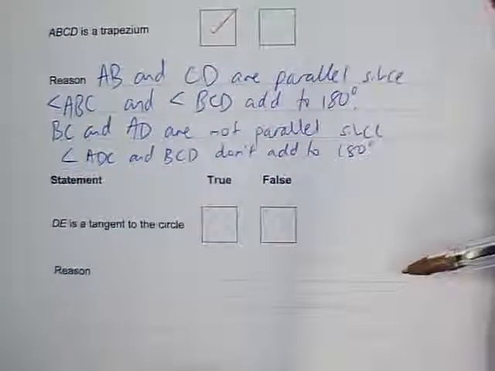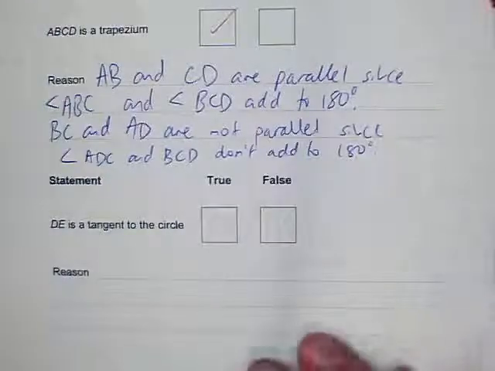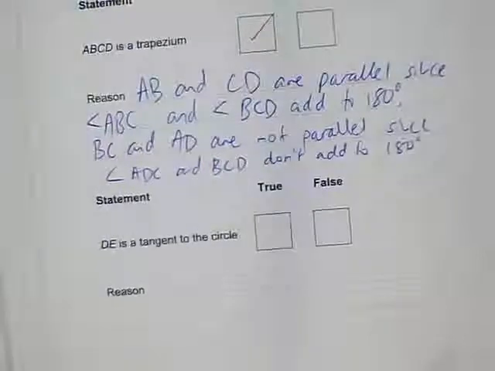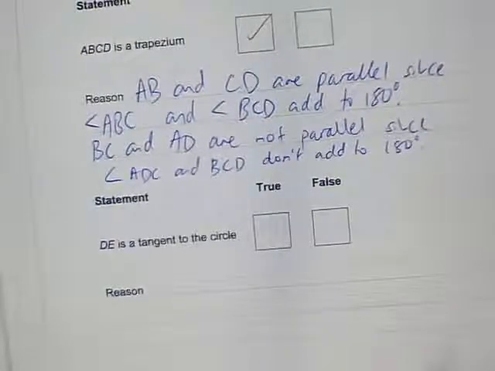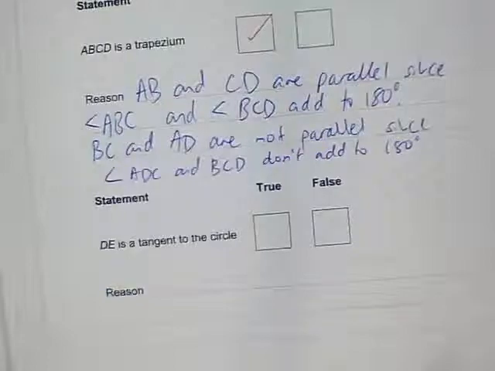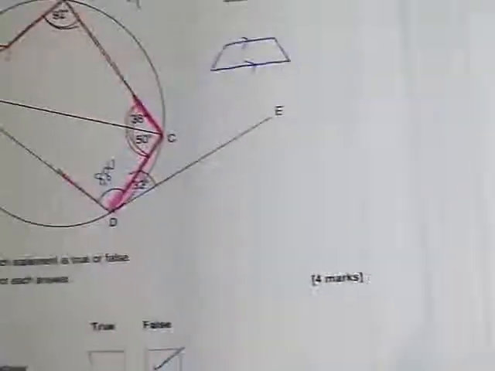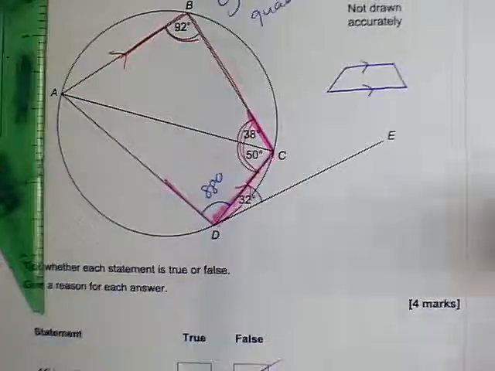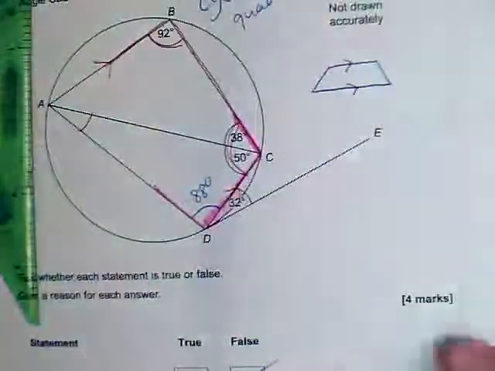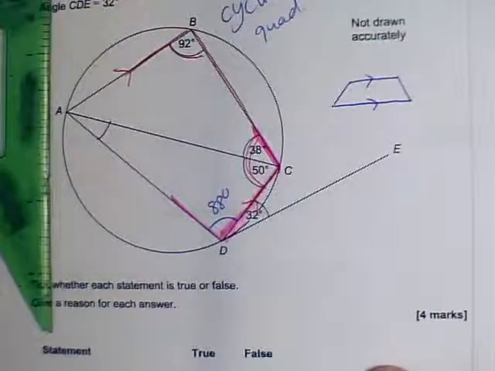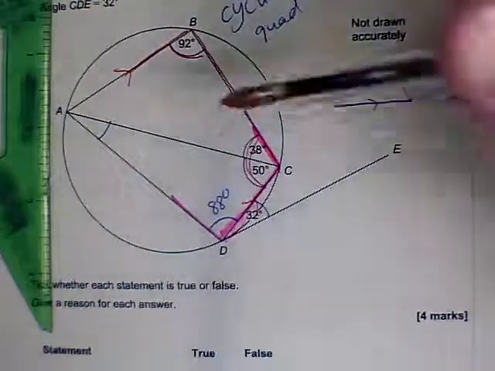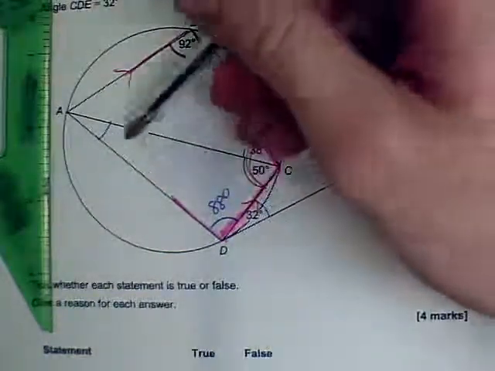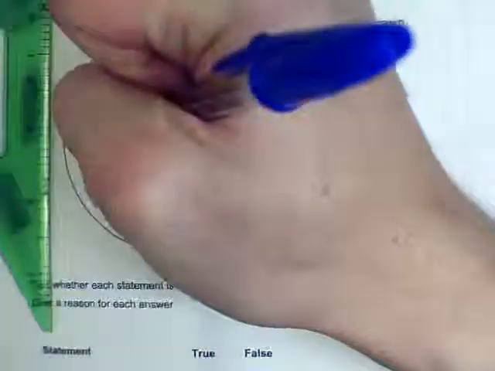Okay, so quite a lot of explanation there, but this is a good explanation to explain why it's a trapezium. The last one, DE, this line here, is a tangent to the circle. A tangent is a line that just touches our circle, and if we have a look at the angle CAD, this angle here, if it is a tangent, then because of the alternate segment theorem, these two angles should be the same.